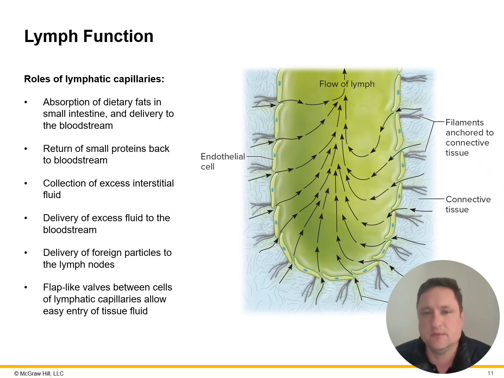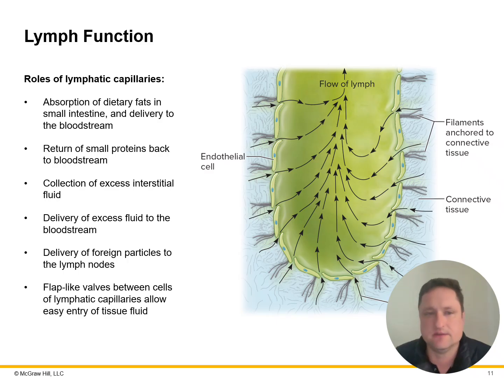Two, they return small plasma proteins that escape capillaries back to circulation, conserving critical molecules like albumin that help maintain oncotic pressure. Three, they collect excess interstitial fluid, preventing edema and stabilizing tissue environments for optimal cellular exchange.